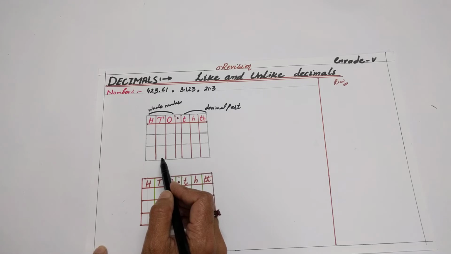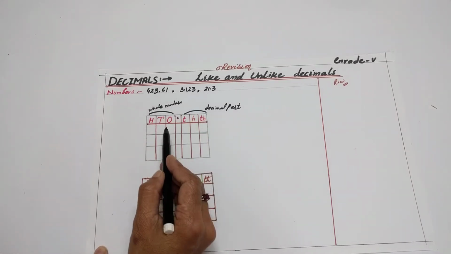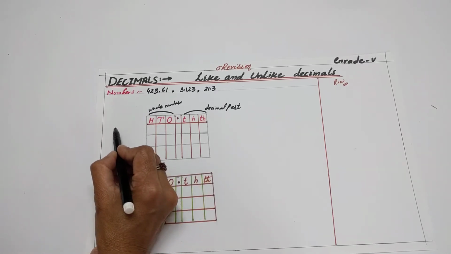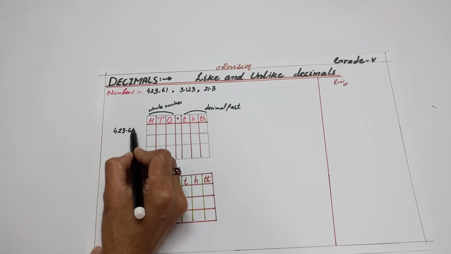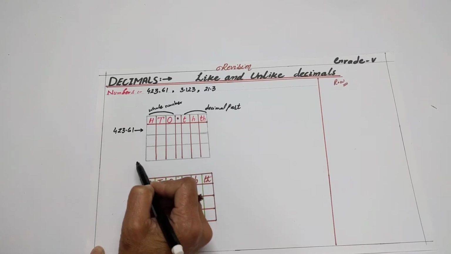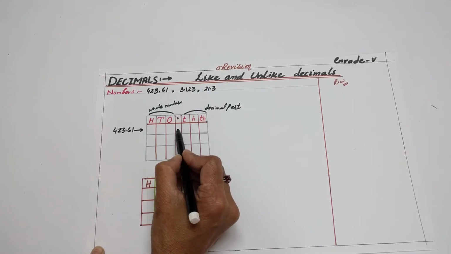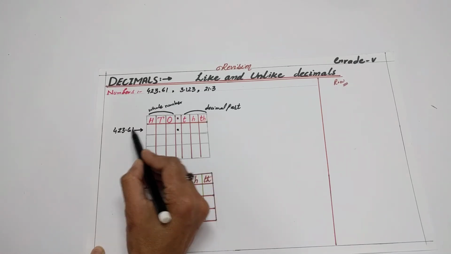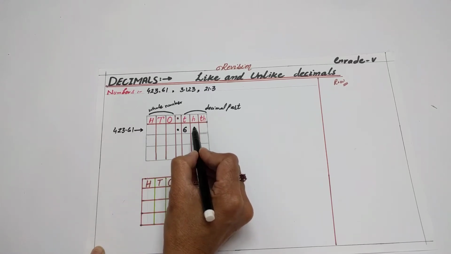Let's start how to set these decimal numbers in this place value chart. First number is 423.61. The best method is that firstly you should put the decimal point under the decimal point. Then from the right side your first digit is 6 and the second digit is 1.